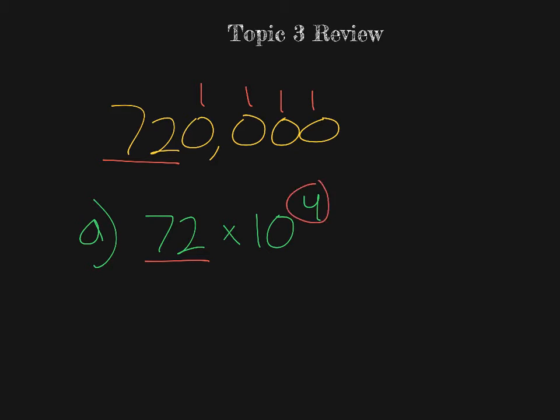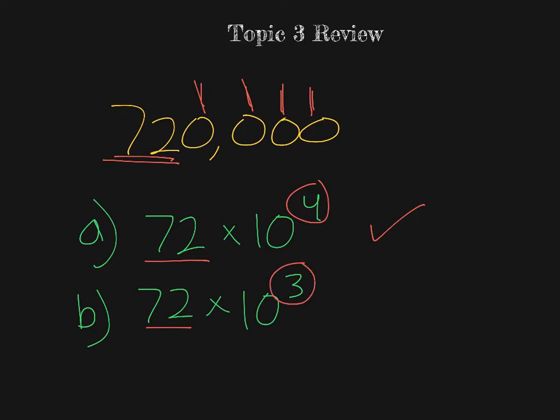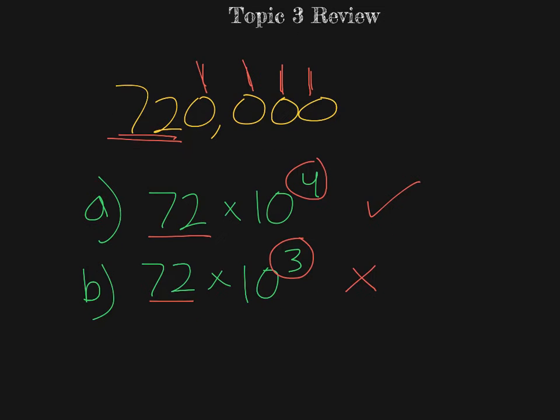In this case, there's 4 zeros, so A does work. How about for B? If I do 72 times 10 to the third power, would that work? Once again, it's 72 and you need to have 4 zeros. Here is 72, but this is only 3 zeros. B will not work. So you have to be able to match your zeros.